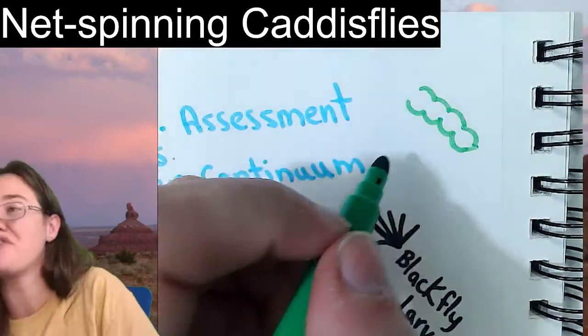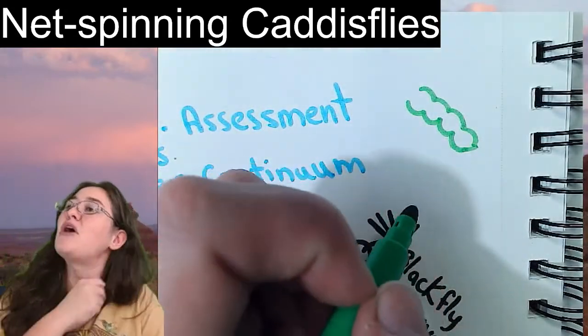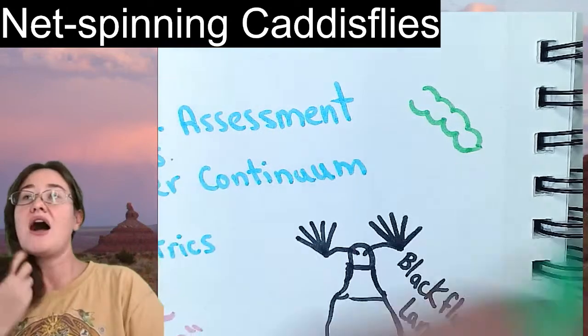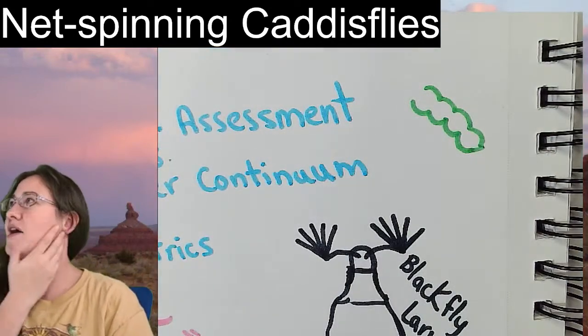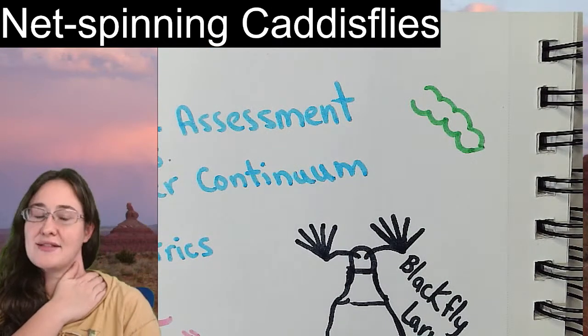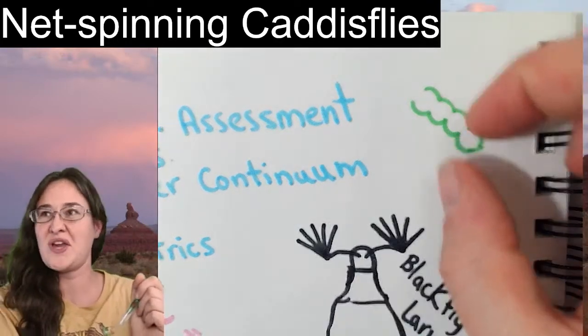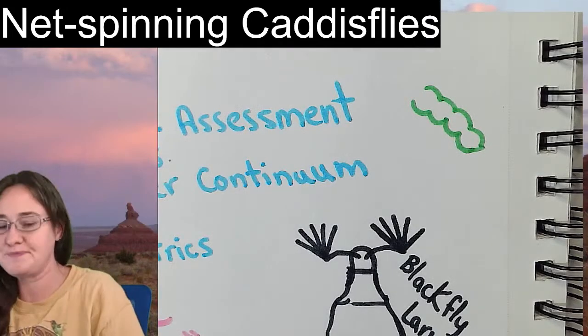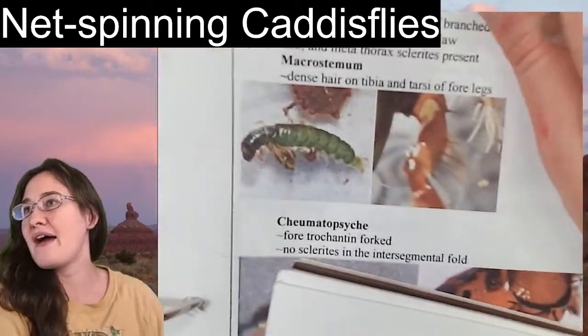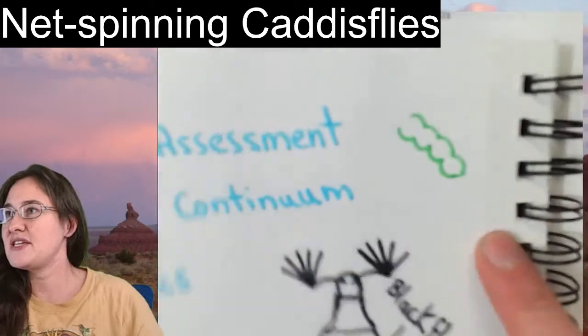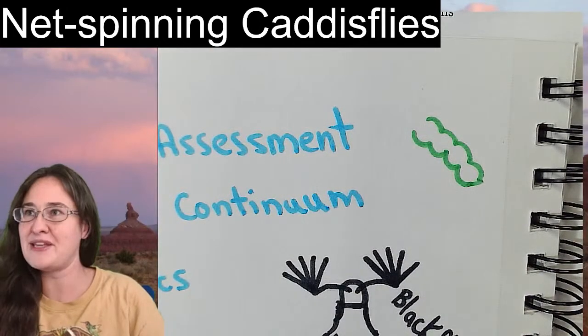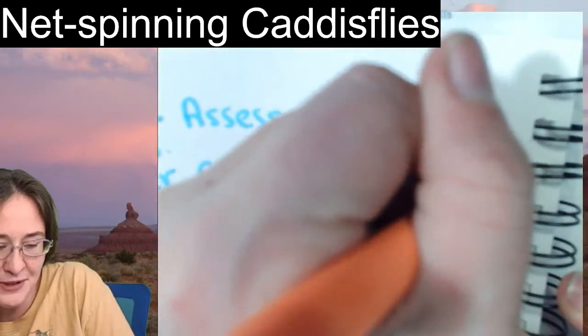Caddisflies are kind of funny because they have these very bulbous, very soft, not sclerotized abdomens, so they don't have a hard exoskeleton. Right here, it's kind of squishy. They also have these little, I guess I'm going to call them filaments, on the back of their abdomen.